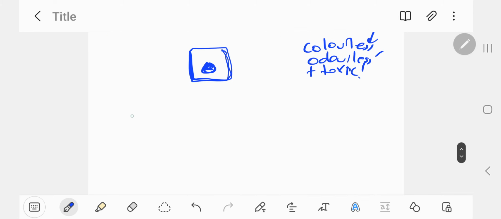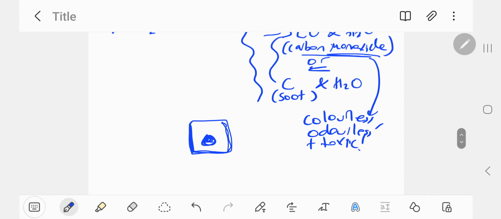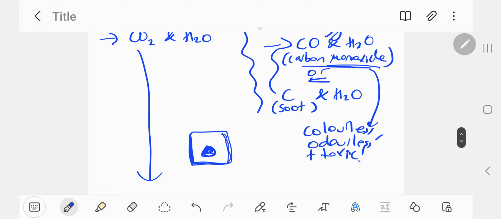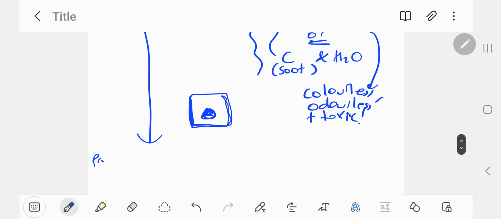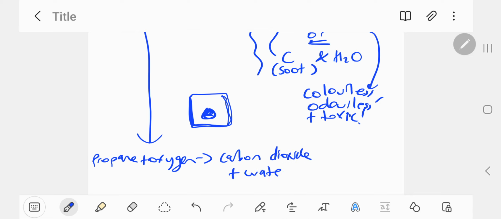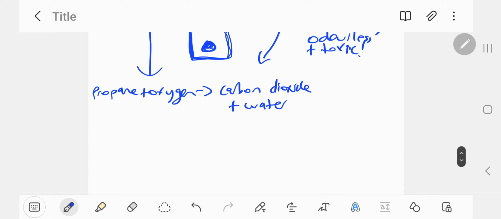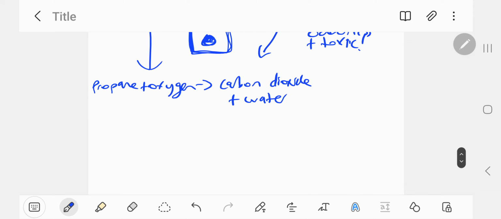Let's look at some example reactions. So for complete combustion, let's compare the following reactions. So let's suppose I've got propane. Propane's a hydrocarbon plus oxygen. I'll get carbon dioxide and water. Let's look at two scenarios. Suppose I have the following scenario for combustion, and I'll write now the following chemical equation.